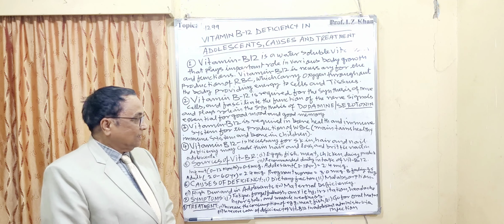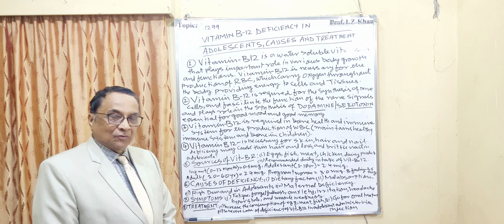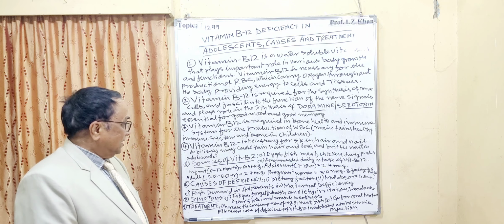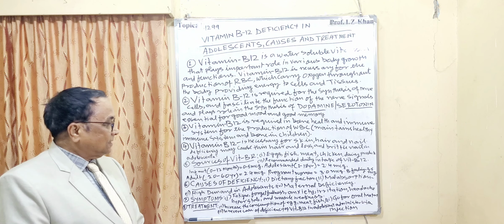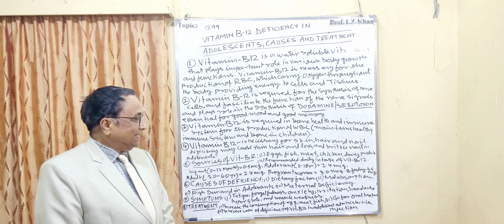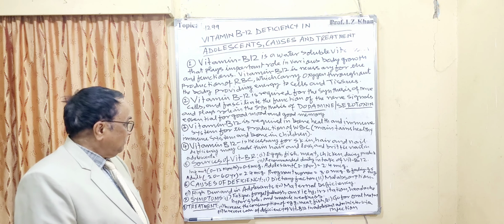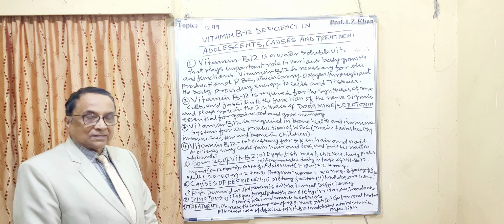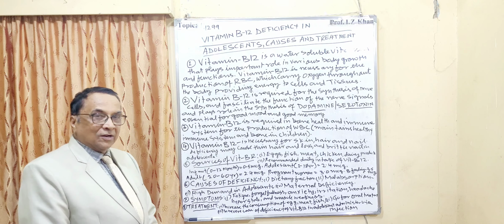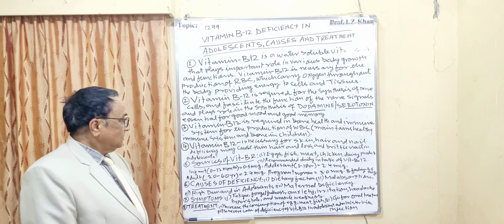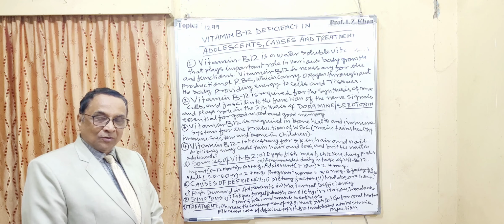The recommended daily intake for vitamin B12 is, for example, for infants from 0 to 12 months, 0.5 microgram, and adolescents from the age group of 1 to 18 require 2.4 microgram of vitamin B12, and adults from 20 up to 60 years require 2.4 microgram, and pregnant women require 3.0 microgram.